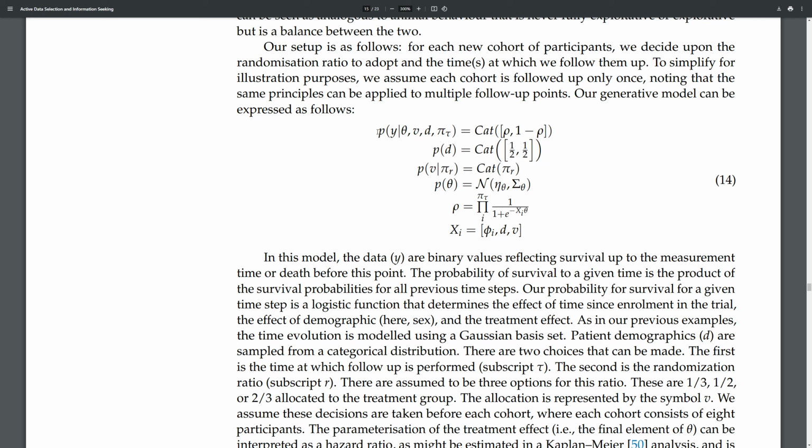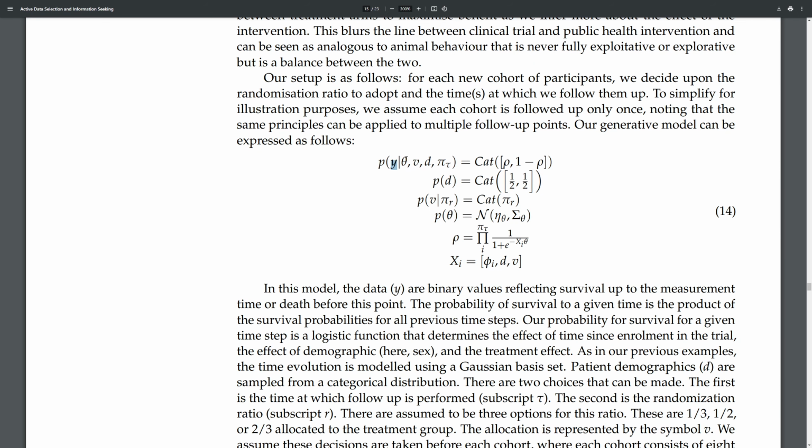So what we're going to have is the probability of the data, which is going to be the survival, based on our parameters. Some set V, which is going to be the allocation between the placebo or the treatment group, the demographic, which is going to be male or female, and then the policy pi. And this policy pi is going to be pi sub t, which is going to be survival rate as time goes on, and like who you should be sampling and stuff like that.